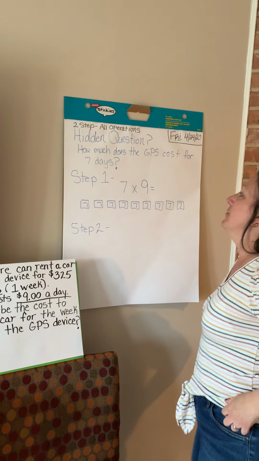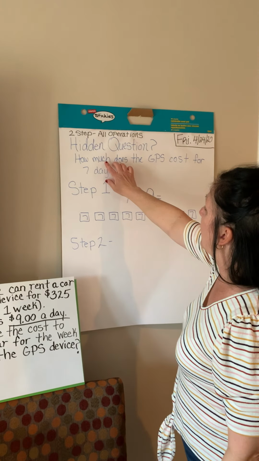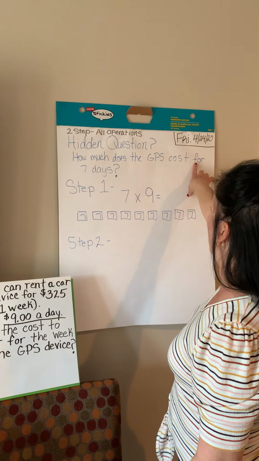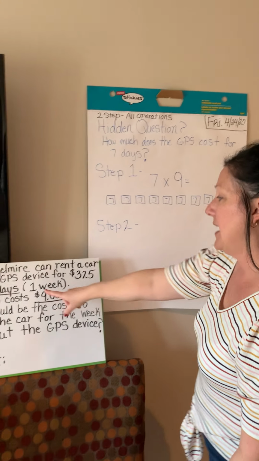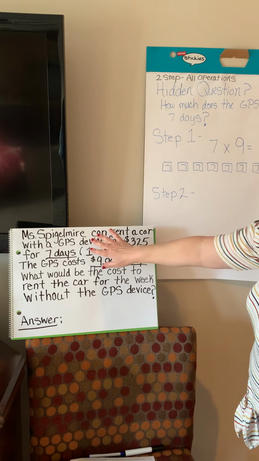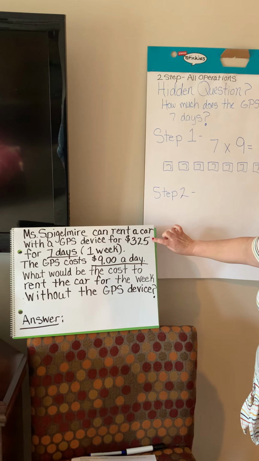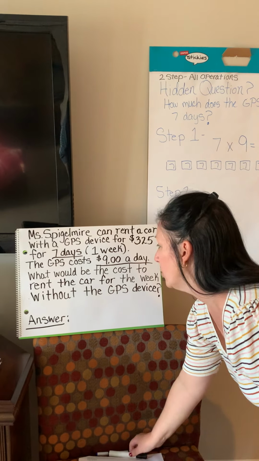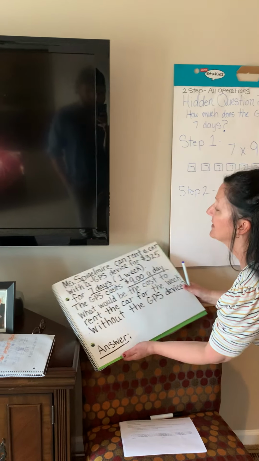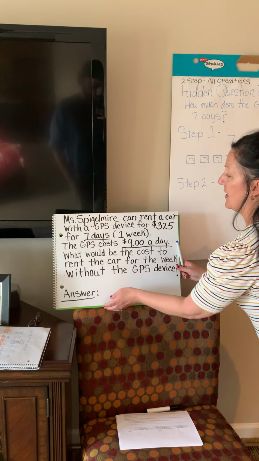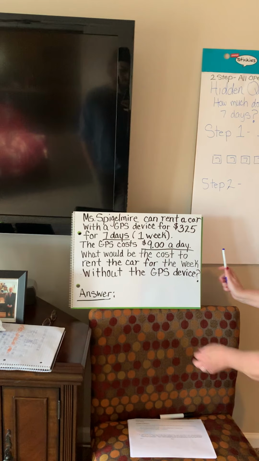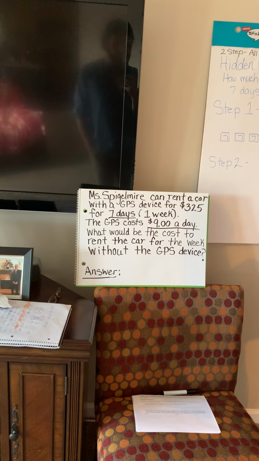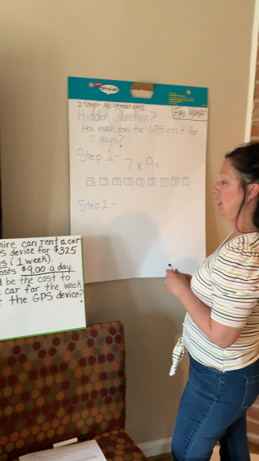And if you said that we don't know how much the GPS costs for 7 days, we don't. We know that it's included in the $325, but what do we need to do in order to find out how much the GPS alone costs for the week?